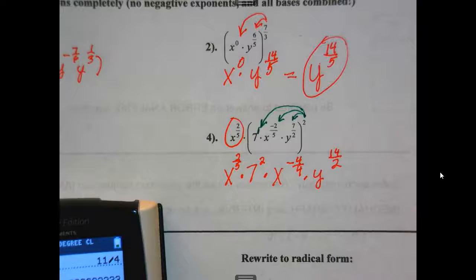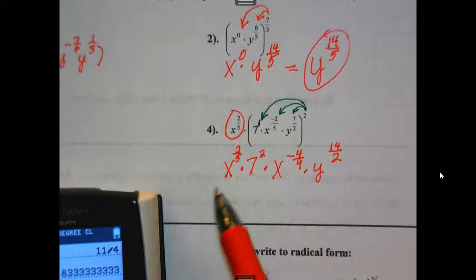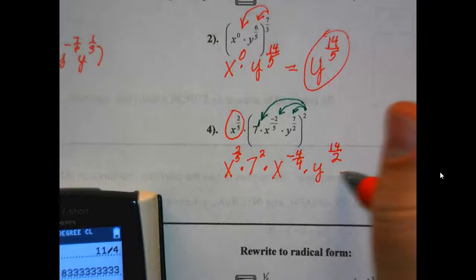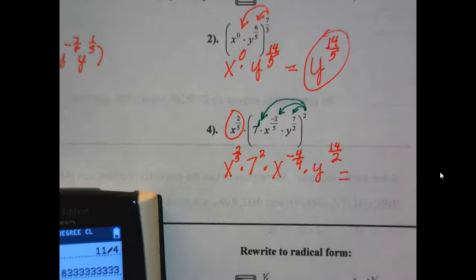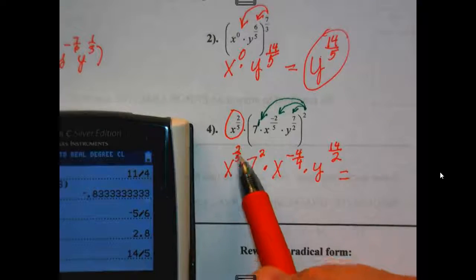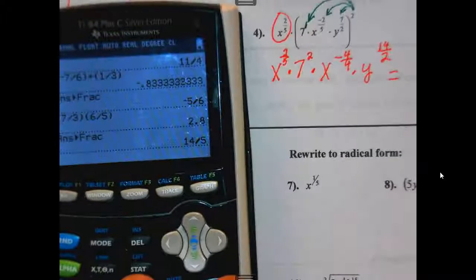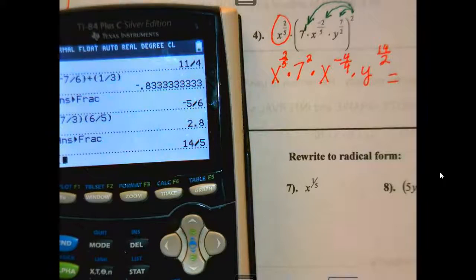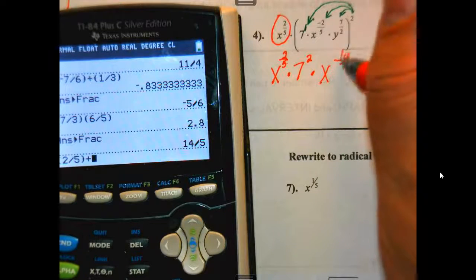Okay. Now I've got the same base x. What do I do with the exponents? I have to add them. So I'm going to end up adding 2/5 plus, now what's negative 4/5? Did I screw it up?